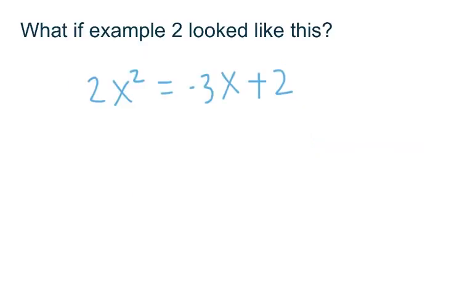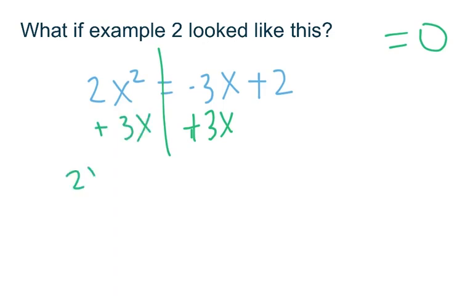Easy as that. I also want to talk about what if example 2 would have looked like this. Now remember, we want to get the right side equal to 0. So I need to move this negative 3x and the 2. I'm going to add 3x to both sides, and I would get 2x squared plus 3x equals 2, because those cancel.